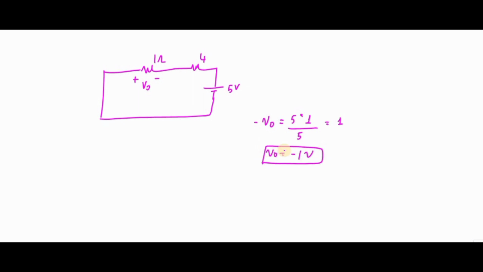Second, I'm going to consider only the AC voltage source present. Its value is 10 cos 2t. So here the omega value is 2. What is the value of XC?